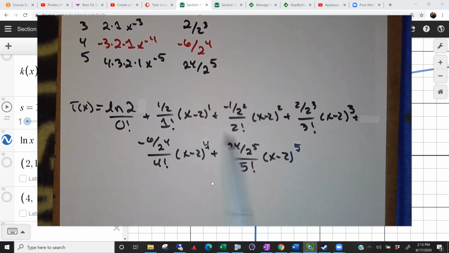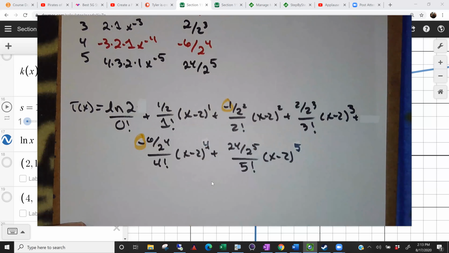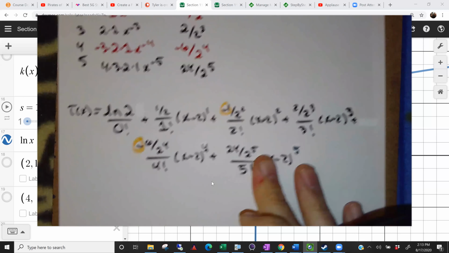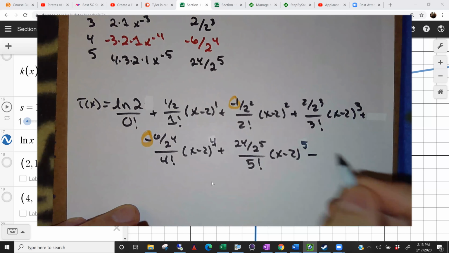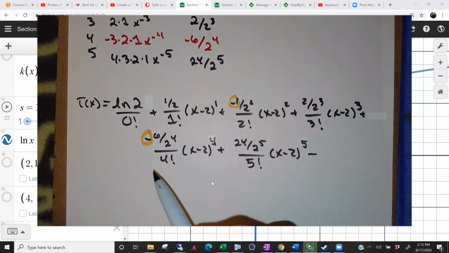Notice that our series is going to be alternating. So we've got a negative here, negative here, negative, positive, negative, positive. Okay, looking good. So the next one would be negative, etc. The 2 to the power I'm going to bring down to the denominator.